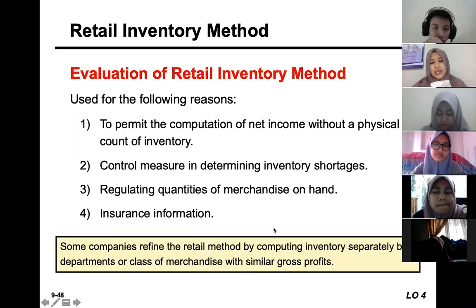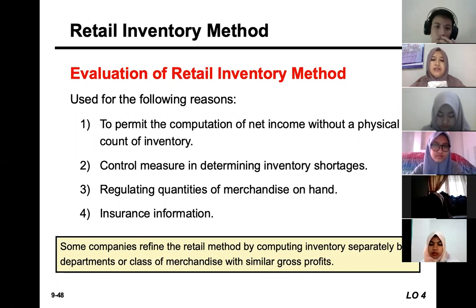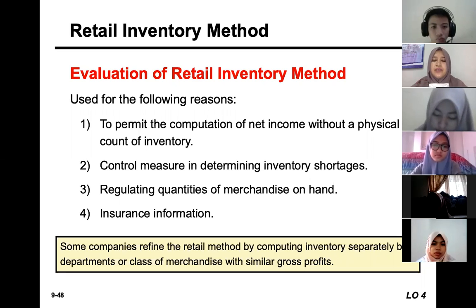And then it also gives the information for insurance. Normally the inventories are insured, means the company buy the insurance scheme for their inventories. Okay, the retail inventory method, sometimes they use to compute inventories separately, for different kinds of products or for different types of departments.